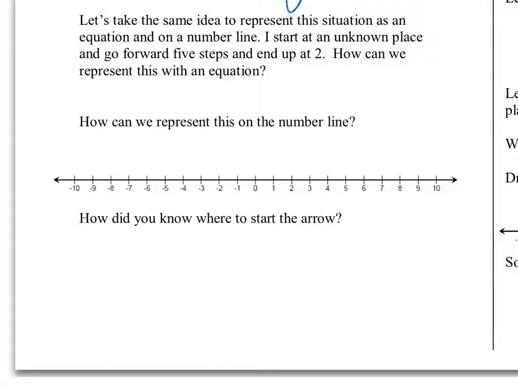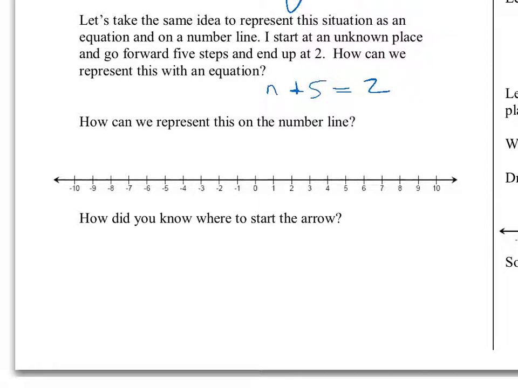I started at an unknown place, I move forward 5 steps, and I end up at 2. Sunny. So I'm starting in an unknown place, we'll call it n in this case. We're moving forward 5 steps, plus 5 steps, and we're ending up at 2. All right, so this is an equation. How can I represent this equation on a number line?